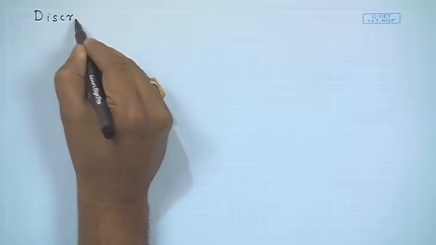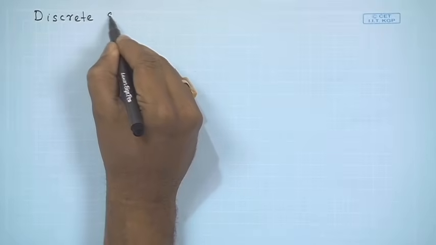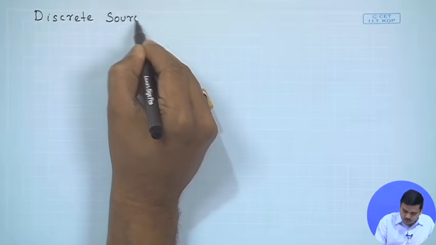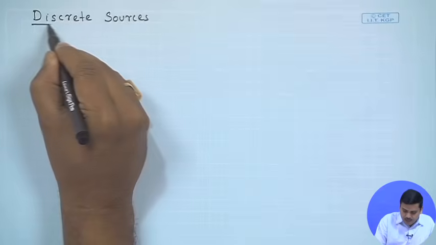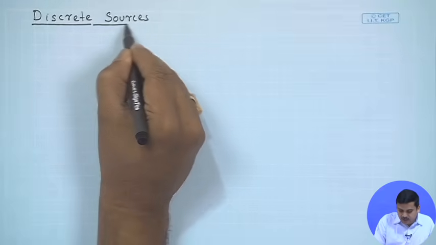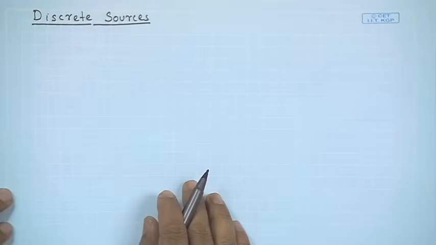So when we look at the study of source coding, we are talking about sources. So basically we are talking about discrete sources. I have hinted at different discrete sources earlier.